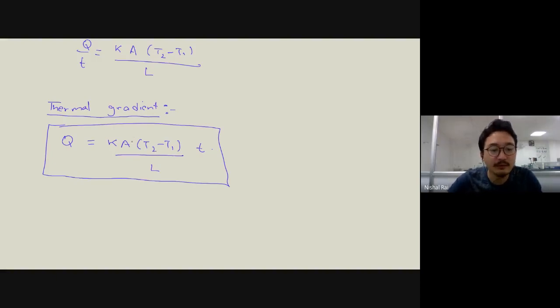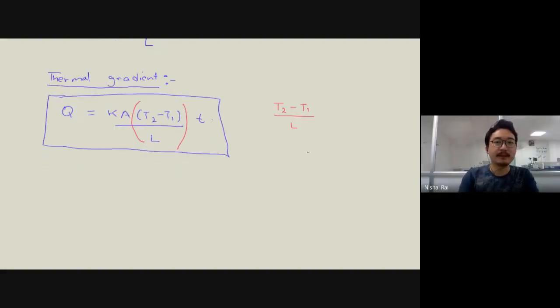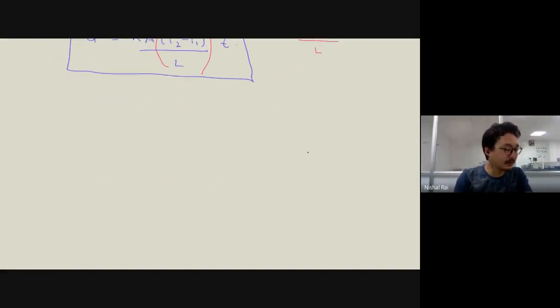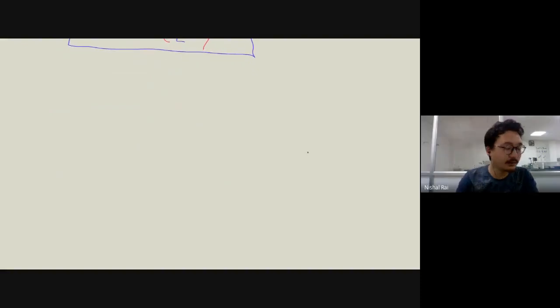This is basically the term which is sitting over here. This is basically called thermal conductivity divided by, should I use X or L? If you consider any arbitrary length, it's just given by what?